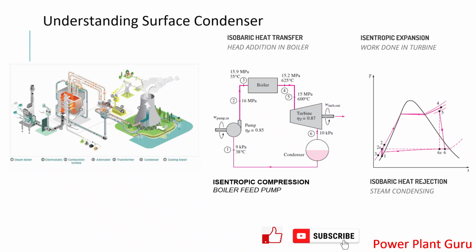So here in this image, we can see how a condenser is placed in the overall power plant. Here is the image where you can see the boiler, and the boiler is hot and there is combustion happening, steam is generated, then steam goes to the turbine, then the generator is there, and power generation is happening.